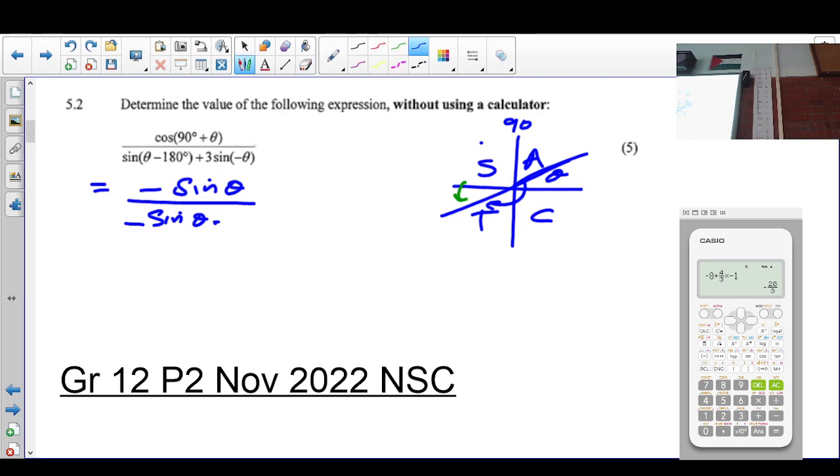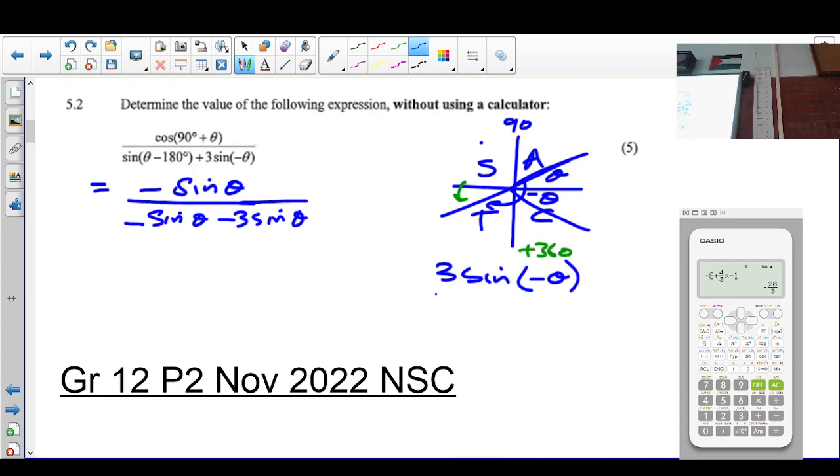Times, plus. Now, negative theta is in this quadrant here, so it's going to be negative 3 sine theta. Again, if you're that kind of girl who doesn't want to work with the negative angle, again we add 360.